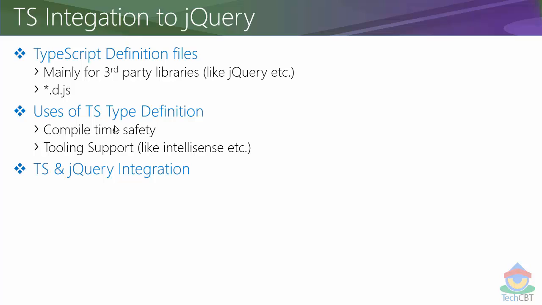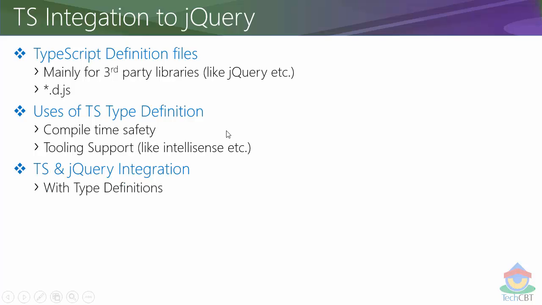We chose jQuery here, but the same approaches we are going to discuss could be applied to almost all other third-party libraries as long as they support type definitions, which are fully documented as part of the TypeScript documentation.